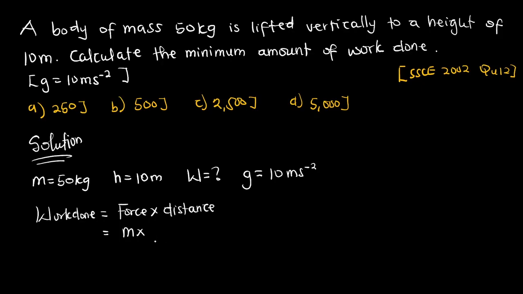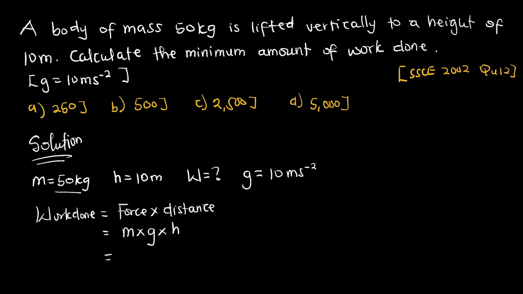But because this was lifted up, the acceleration is due to gravity, so the force is mg. And then the distance it has traveled is the distance vertically upward, so that becomes the height. So our formula is mgh for work done, which is mass multiplied by gravity multiplied by height.